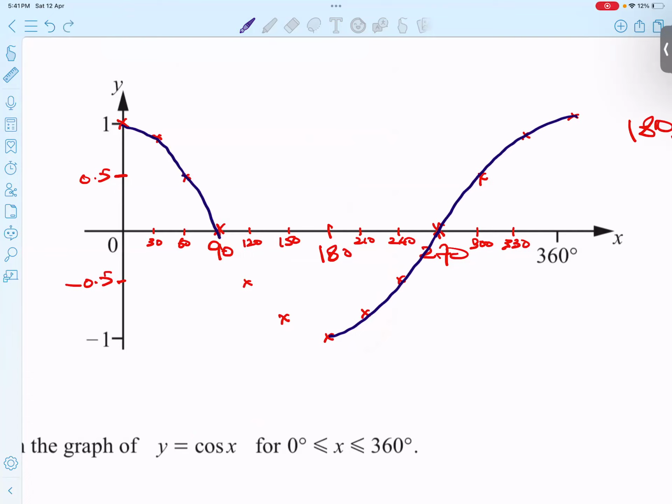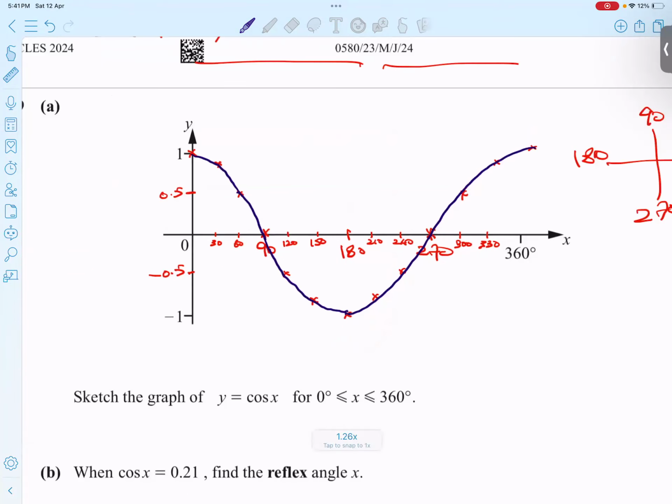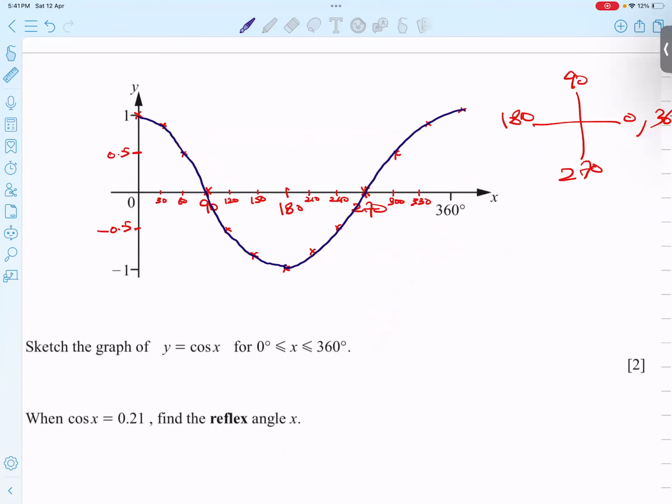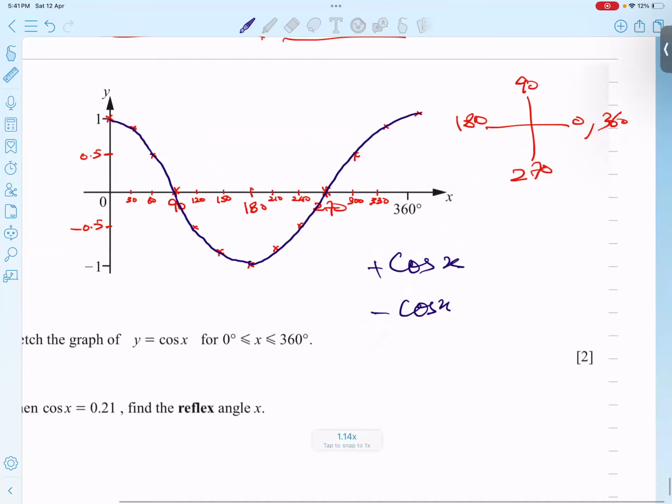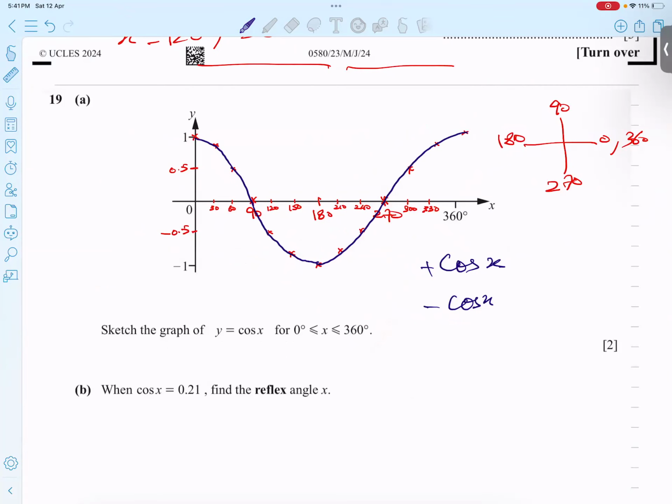If your graph is slightly not accurate while sketching, no problem at all. And actually, this is a graph of cos. Let me tell you, there are two cos graphs, one positive cos and one negative cos. Don't forget it, positive cos starts from the top, this, and this.